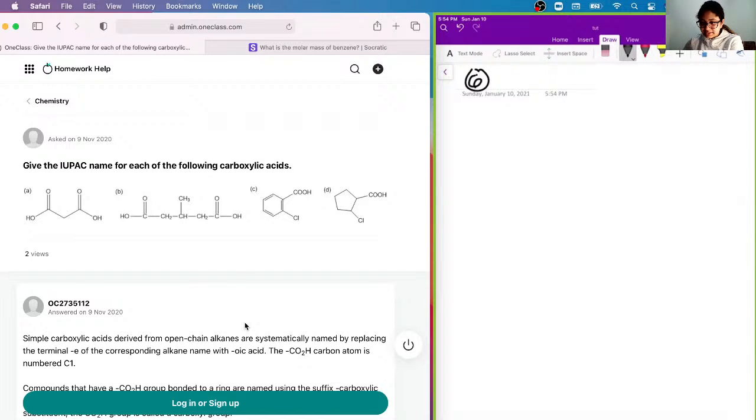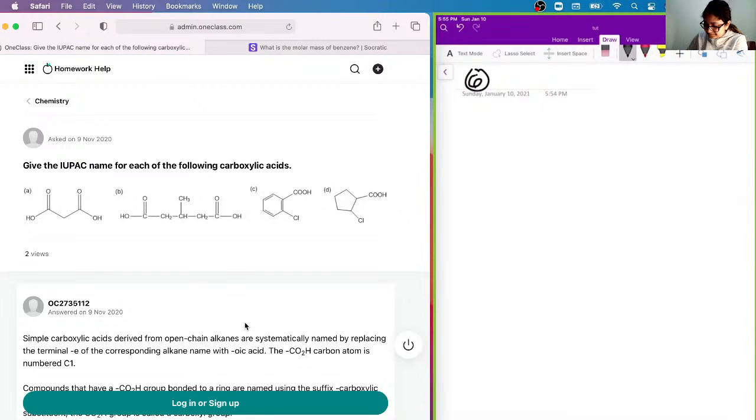Compounds that have a C double bonded O group bonded to a ring are named using the suffix carboxylic acid, and the C double bonded O carbon is attached to carbon 1 in this system and is not itself numbered. As a substituent, the C double bonded O and an OH group is called the carboxyl group.